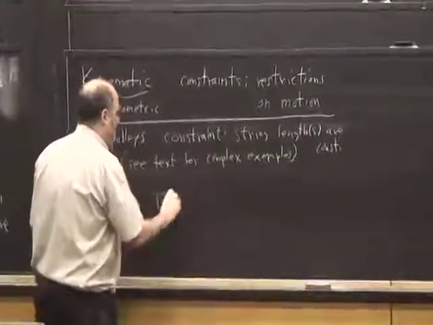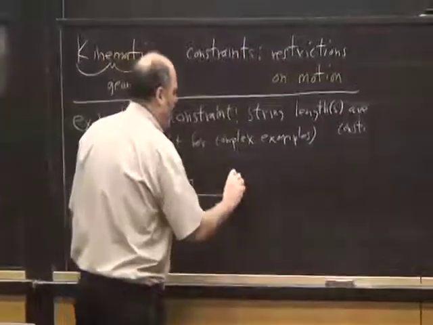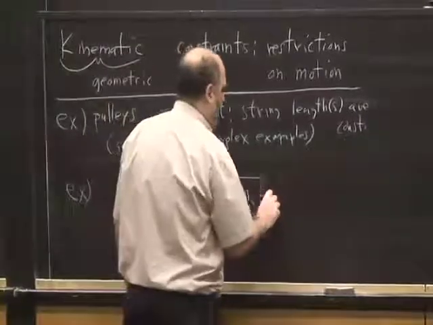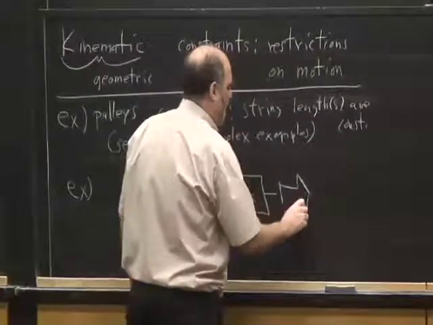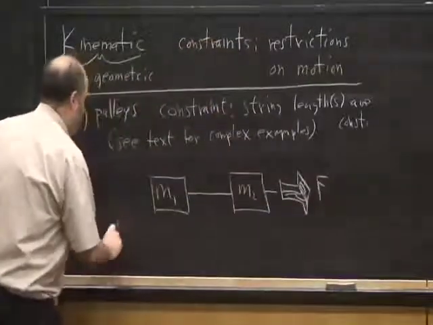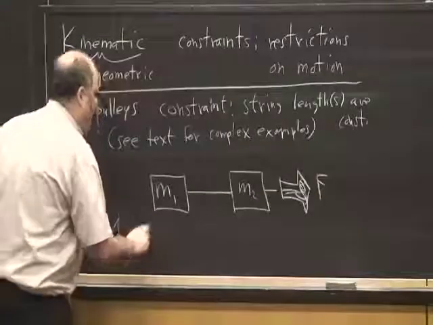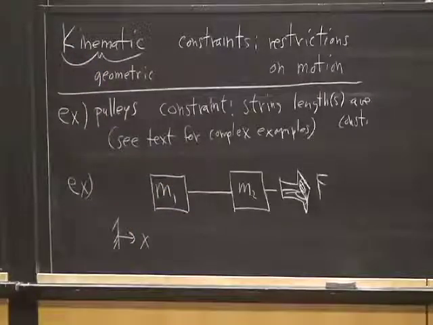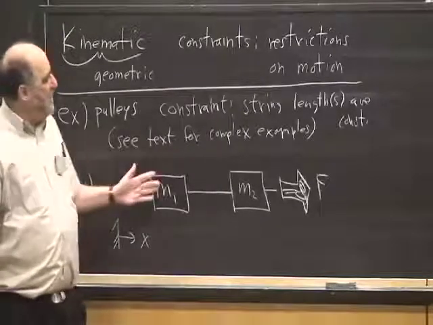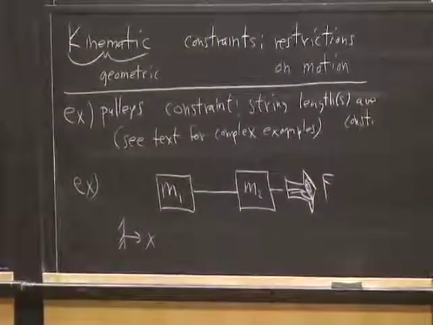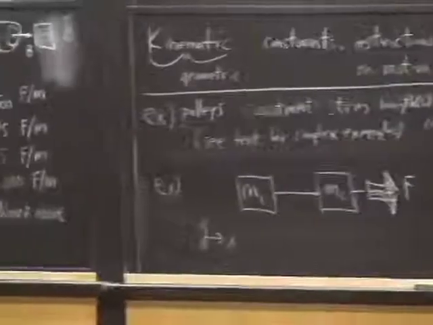So let's say I have 2 masses, and they're connected by a string, and then I'm going to pull them with some force F, and I'm interested in knowing what's the acceleration of the system and what's the tension in the string. Now, if all I want to know is the acceleration in the system, I could just treat this pair of particles as a single particle and just say the acceleration is the force divided by the sum of the masses.